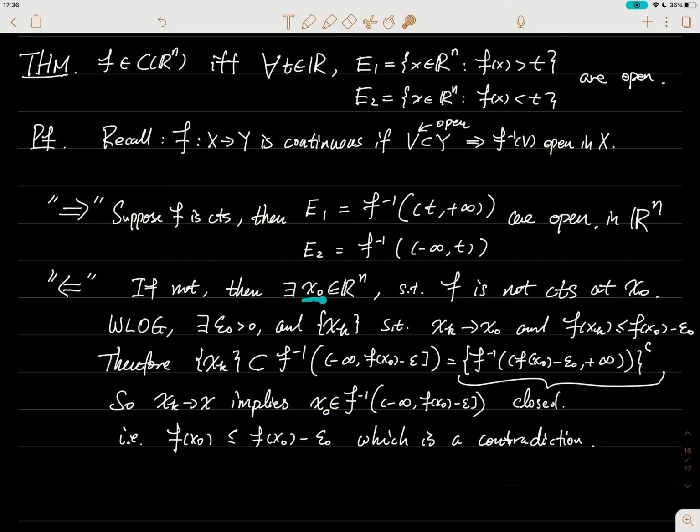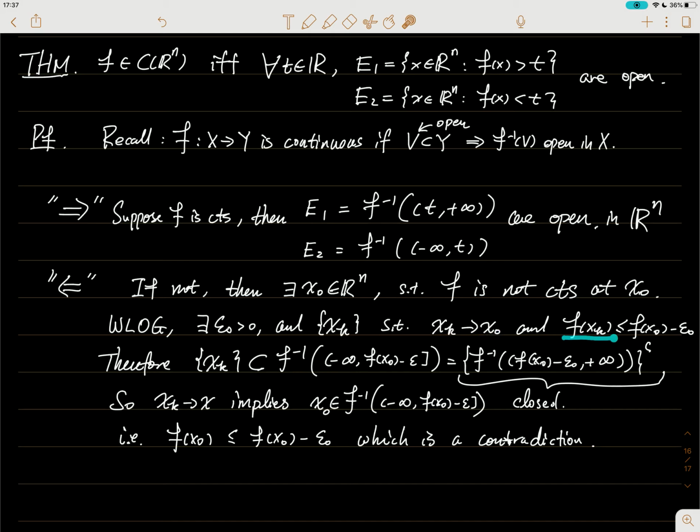Let's say f is not continuous at x0. If it's not continuous at x0, that means there exists some epsilon 0 greater than 0 such that there is a sequence, we call xk, that itself converges to x0, but their function values do not converge to f of x0.